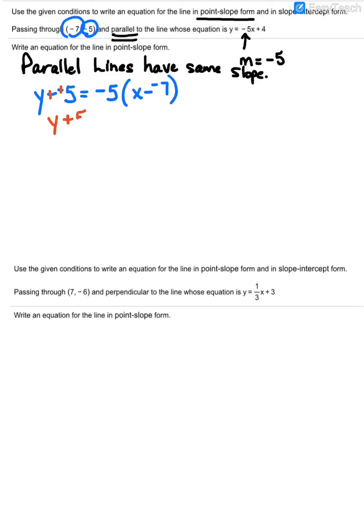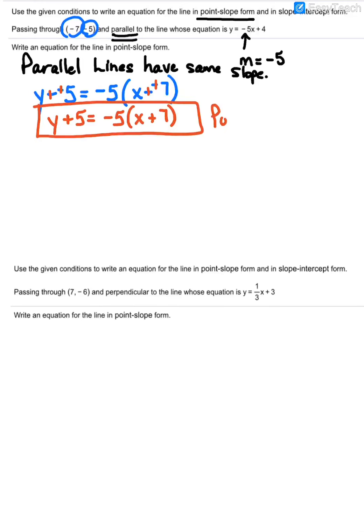So y plus 5 equals -5, and then here again times x plus 7. So this would be the point-slope form version of that line.